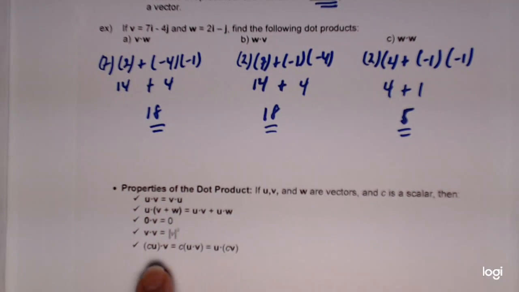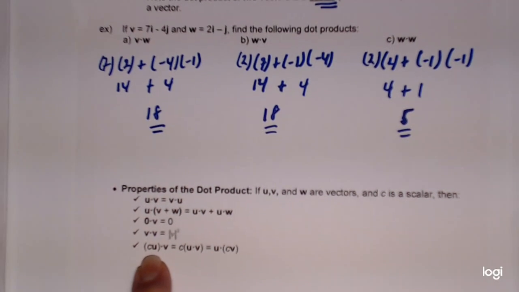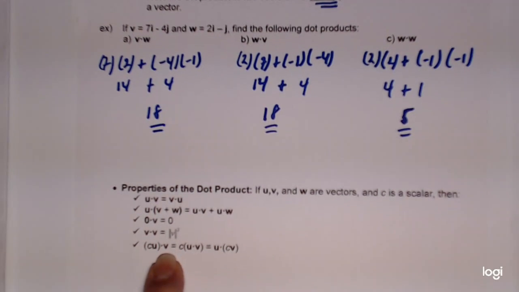And last but not least, in the properties, if we have some c, some scalar number that we are multiplying with a vector u, and then we are finding the dot product of that, this is now a vector, it's been multiplied, but it's still a vector, with the dot product of vector v, that is going to be the same as if we find the dot product of u and v first, and then multiply it by the scalar c, or we might multiply vector v by the scalar c, and then find the dot product.